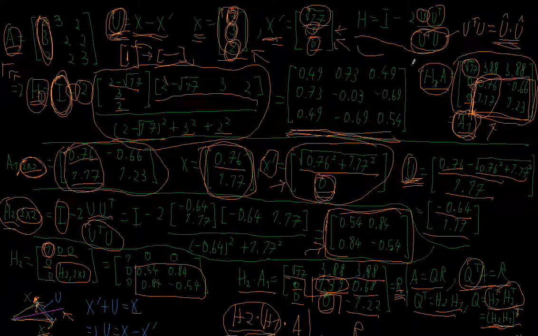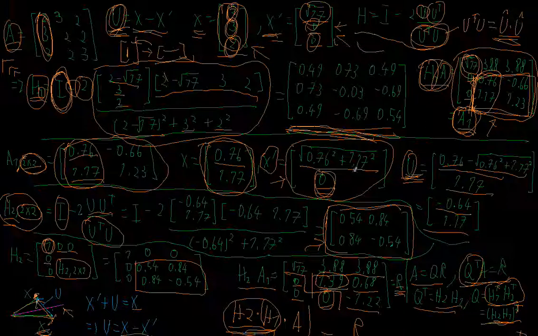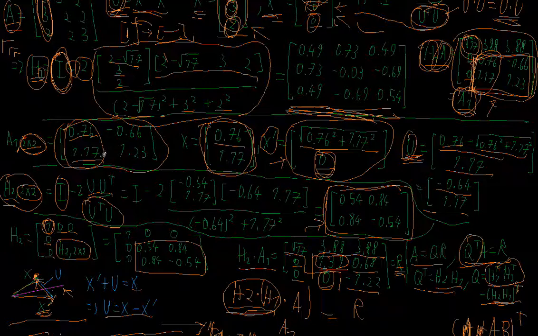Yeah, so then you get your Householder transformation, you apply it to A, and you get what you expected, so 0 elsewhere, and the norm of the old vector as the first component. And then you consider your submatrix, you do the same thing again, but this time the first column vector is the first column vector inside the submatrix.